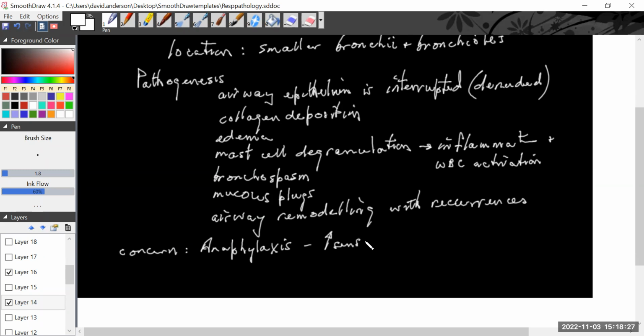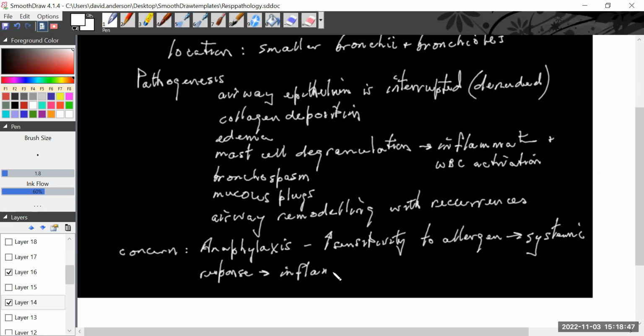Increased sensitivity to the allergen and the risk of a systemic response. With a systemic response, you're going to get inflammation and increased permeability of blood vessels.